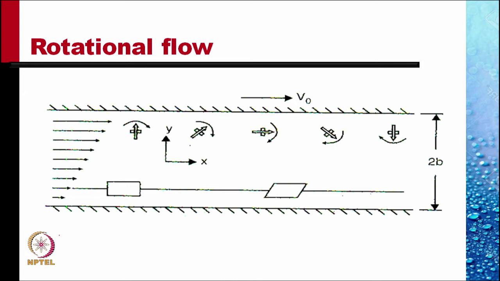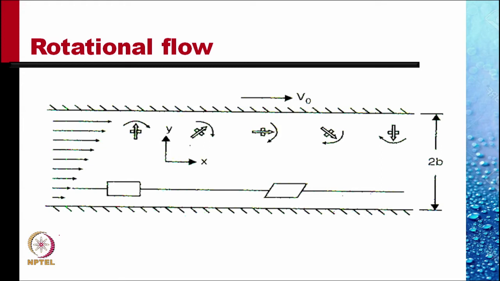Also, as seen by a sequence of arrows on the top, the upper end of the vertical arrow is moving faster than the lower end. So this arrow rotates clockwise. So this flow is rotational. There is vorticity in the flow.